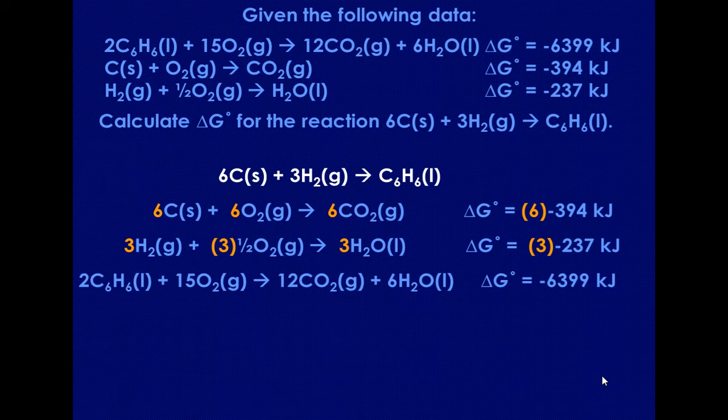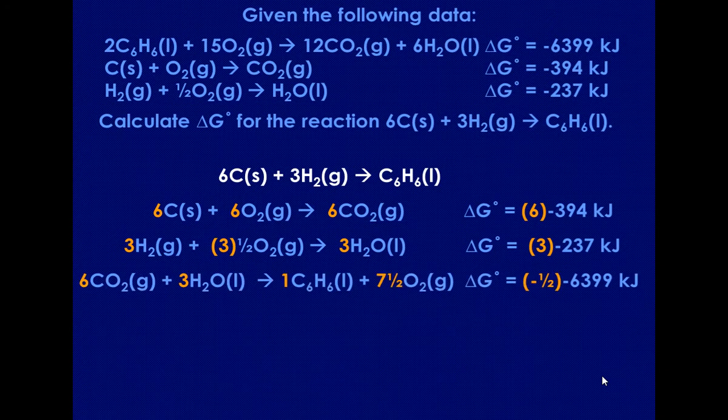And if you remember from when we did this before, when we need to flip a reaction, turn the reactants into products or vice versa, the sign of your free energy value is going to work just like it did with enthalpy. It's going to switch as well. So we're going to flip this equation and we're going to divide it by 2 since we only want one C6H6 in our final equation. So there's my flip. I had 12 CO2s, I now have 6. I had 6 H2Os, I now have 3.